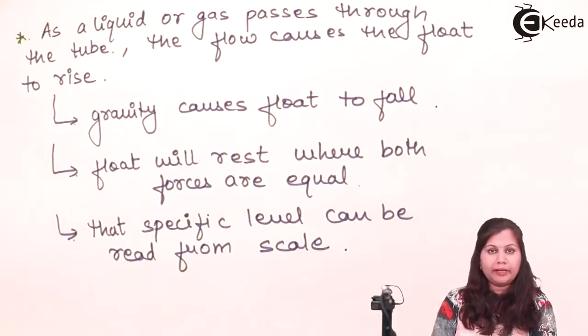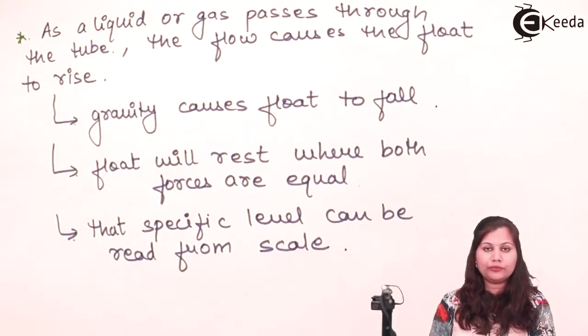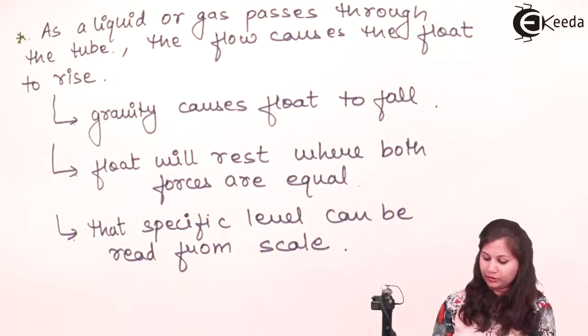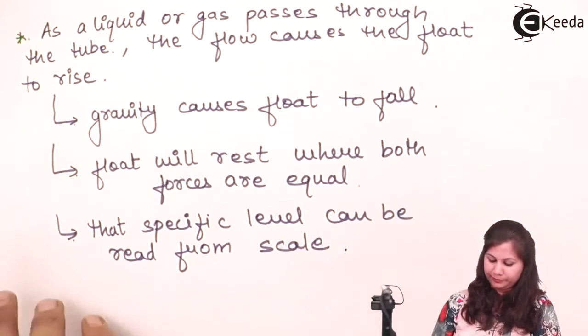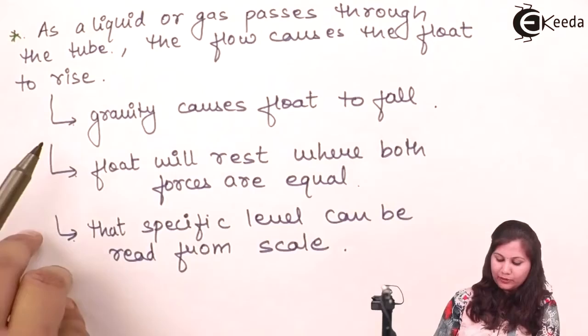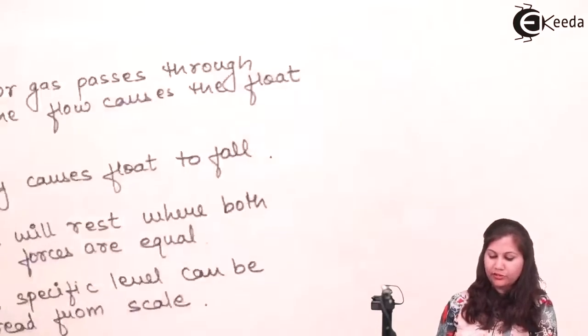So we can measure a precise value of the flow rate by measuring the position where the float is resting. So that was all about the construction and the working of the rotameter.